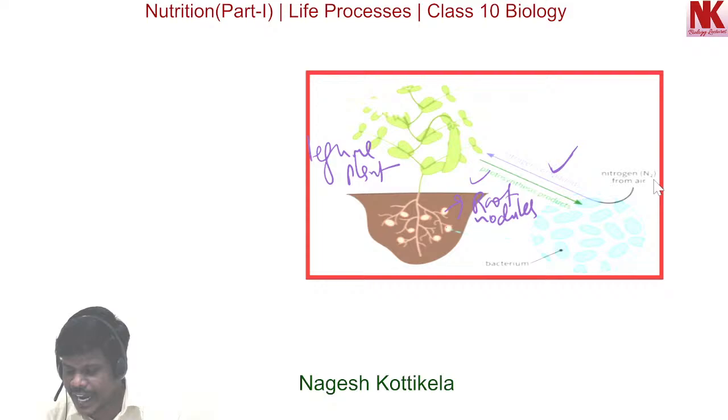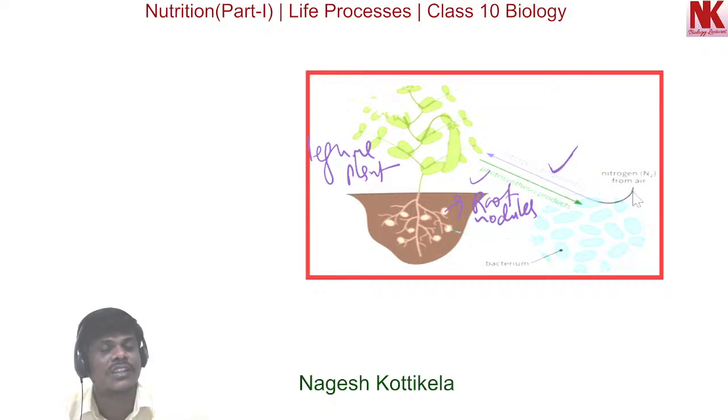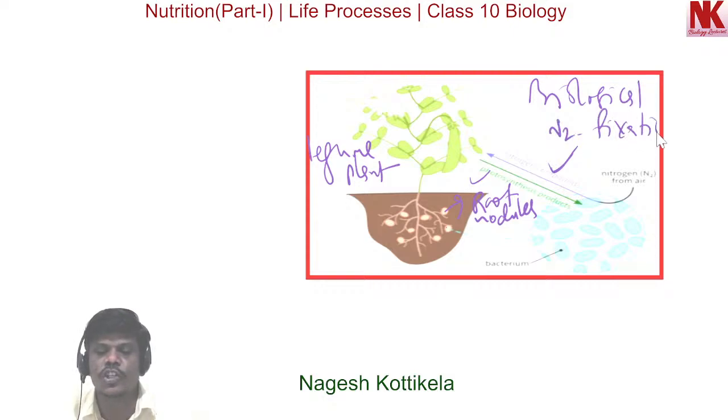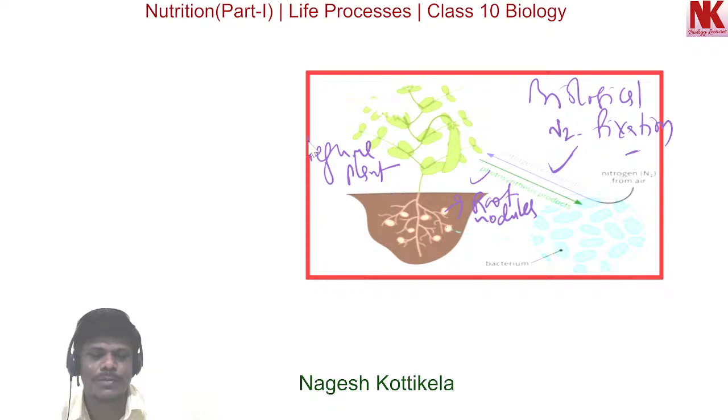Here nitrogen from air is utilized and converted into nitrogenous compounds. This is what we call biological nitrogen fixation. This is performed by the Rhizobium bacteria living inside the root nodules of leguminous plants. So this is the example for symbiotic nutrition.